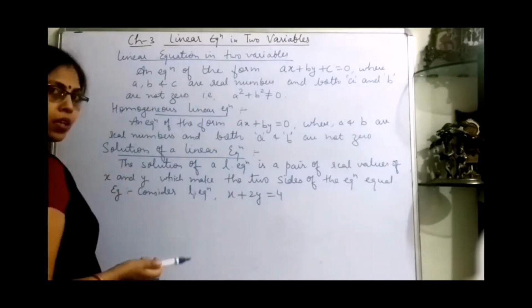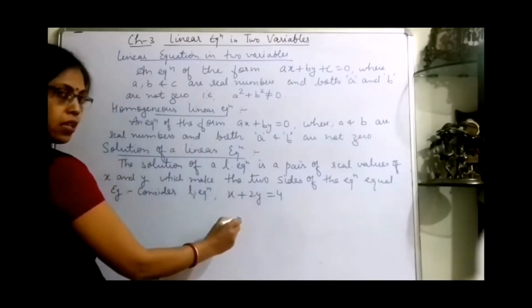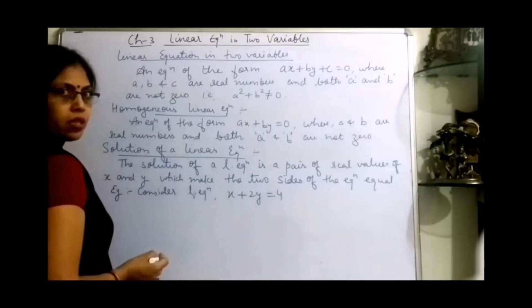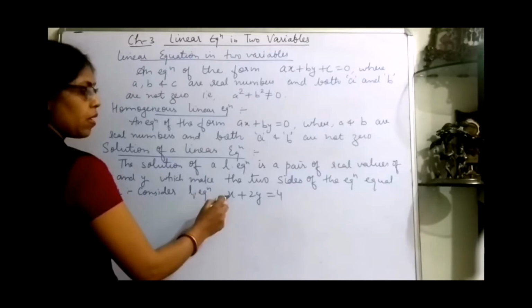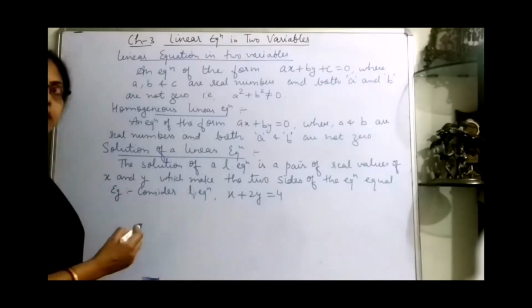You can take any values. In this way, when we solve, the left side should be equal to 4, or we can say left side is equal to right side. Then we say the values we are taking for x and y are the solution of the linear equation.